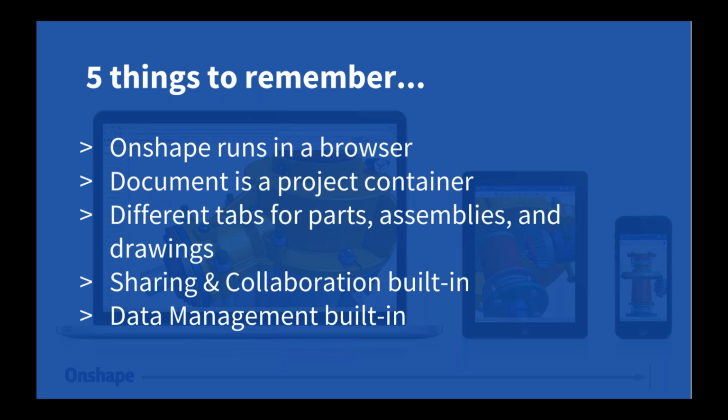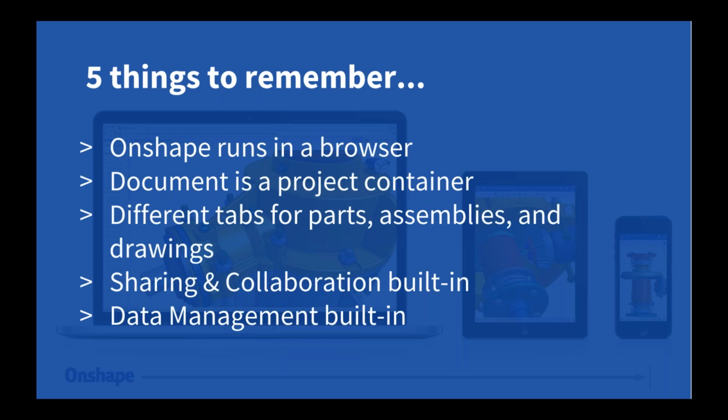You can store as much as you want in a single document. Right? So think of a document as that project-level container. It's going to hold all your parts, all your assemblies, all your drawings, everything related to that project. Okay? And I think the common misconception from new users is that a document equals a single model. That's not the case. You can have as much in your document as you'd like.